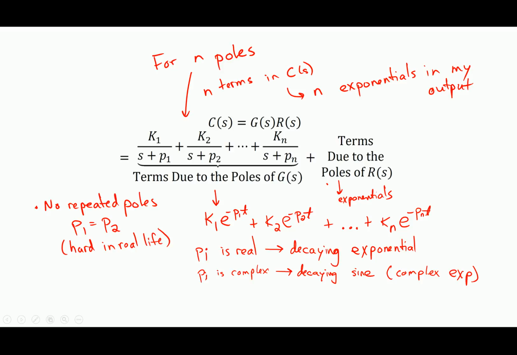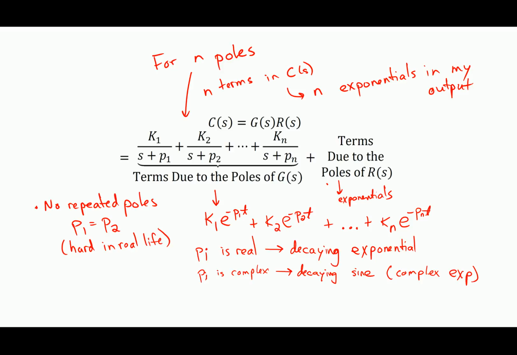So what we're ultimately going to see is, depending on what my poles are, I can think of my systems as either first order systems or second order systems. So if all my poles are real, I can probably think of that system as first order. If all my poles are complex, I can probably think of that as second order.